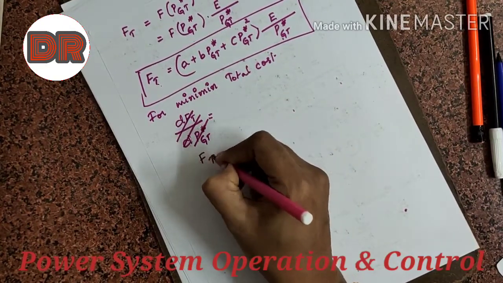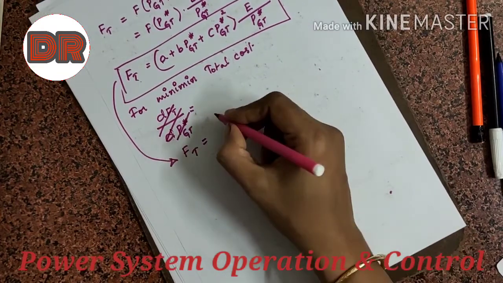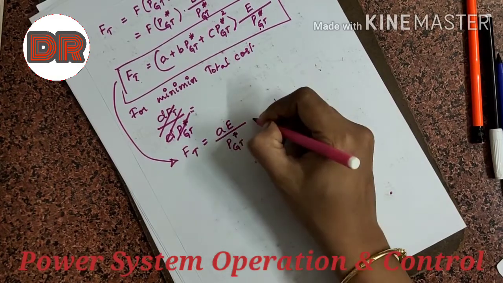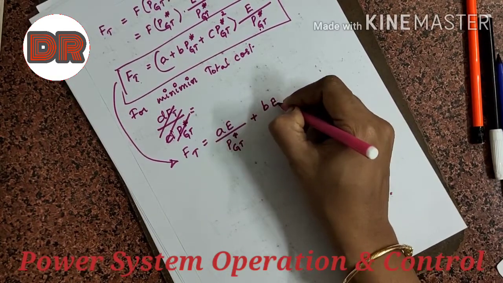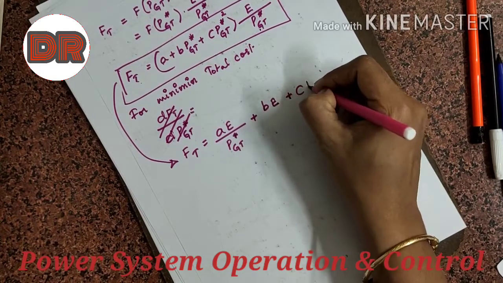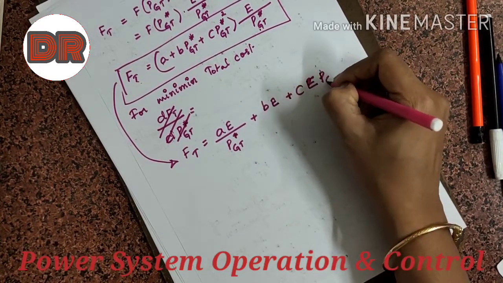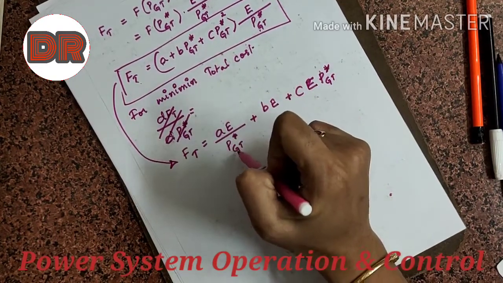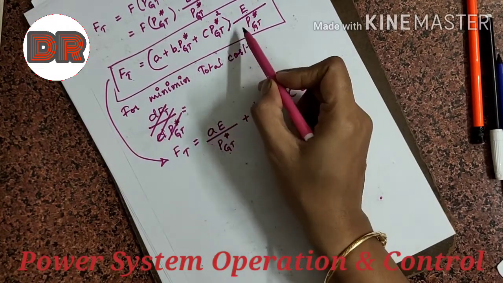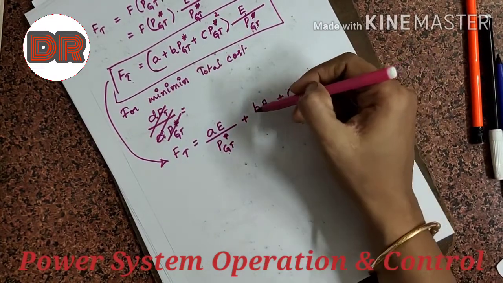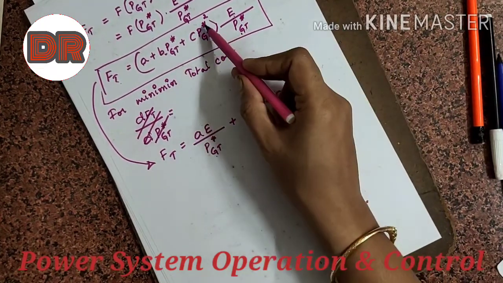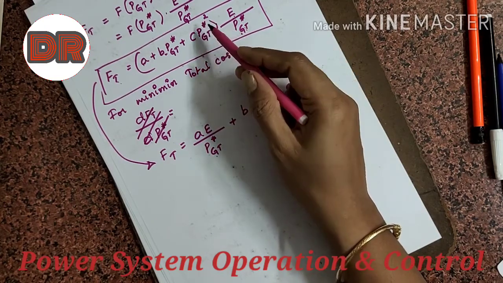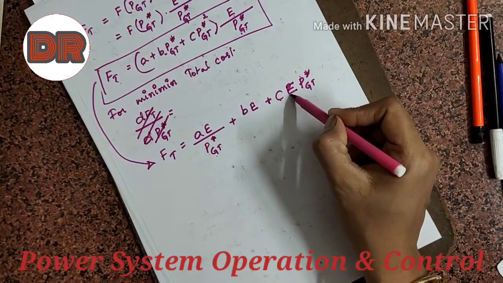FT now becomes AE divided by PGT star plus BE plus CE PGT star, because when I multiply A with E by PGT star it becomes AE by PGT star. When I multiply B, PGT gets cancelled, so we have B into E. And when I multiply C, PGT star gets cancelled once, so what we have is CE PGT star.